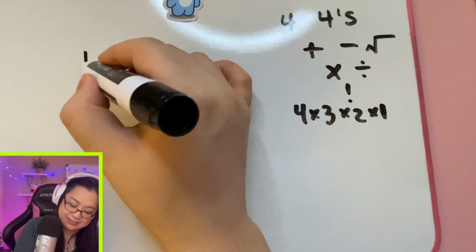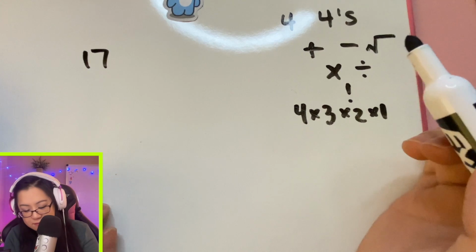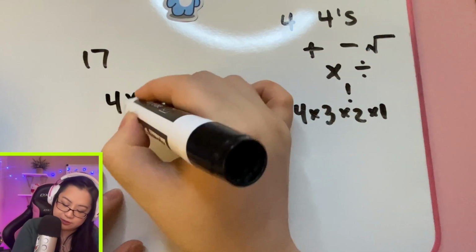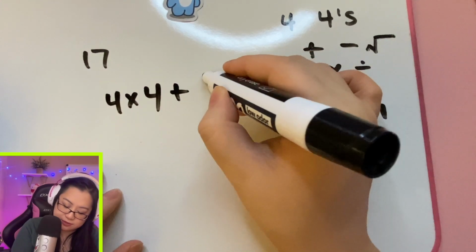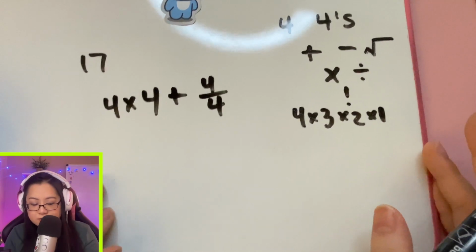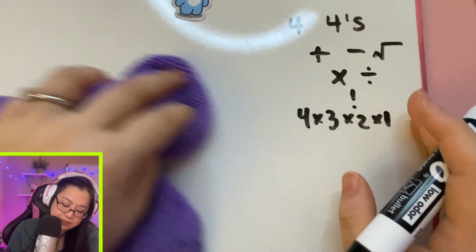17. So let's see. That's just 4 times 4 plus 1, right? 16 plus 1. That works for me. 18.